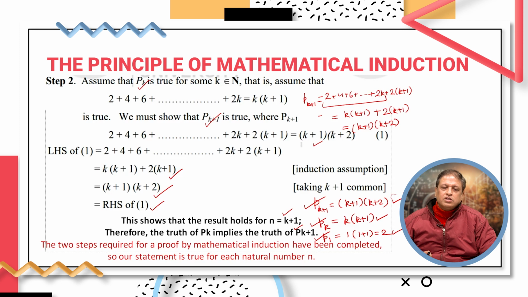In case all these three situations are true, then the statement is true for any natural number n. Try to apply this concept in solving the numerical problems given in your self-learning material, and you will find that the concept is quite easy and it is a powerful concept to prove various theorems. Thank you very much.